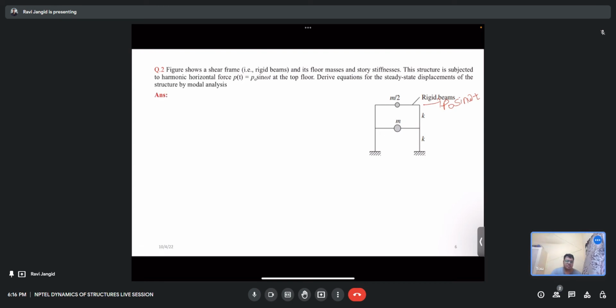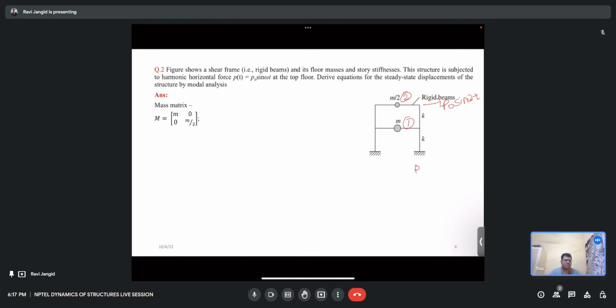So first the mass matrix. This is degree of freedom 1 and this is degree of freedom 2. So the mass matrix comes out to be m and m by 2, and the stiffness is given as k, the same for all the stories.